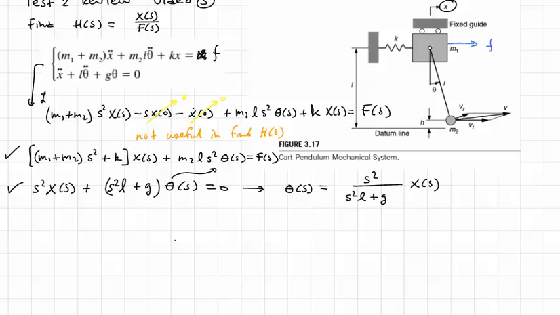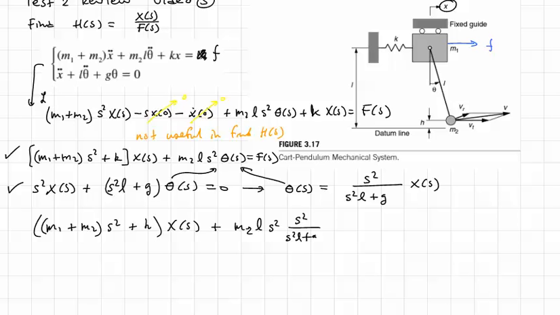Now we can plug that into our first equation. So we'll have (m1 plus m2) s squared plus k times X(s) plus m2 l s squared times s squared over (s squared l plus g) times X(s), and the whole thing is equal to F(s).